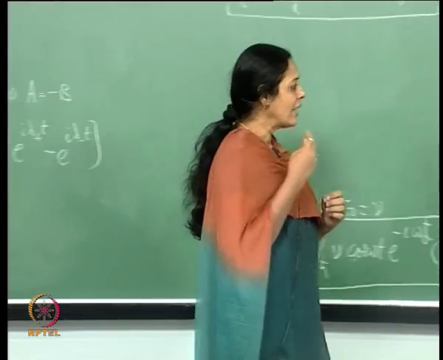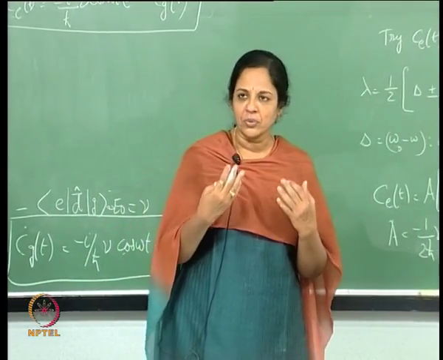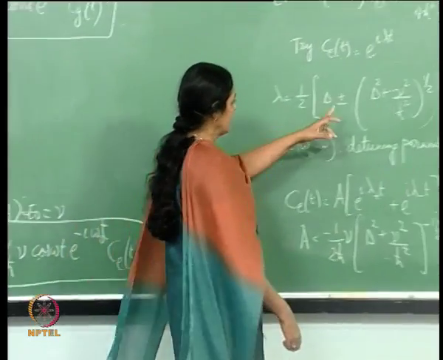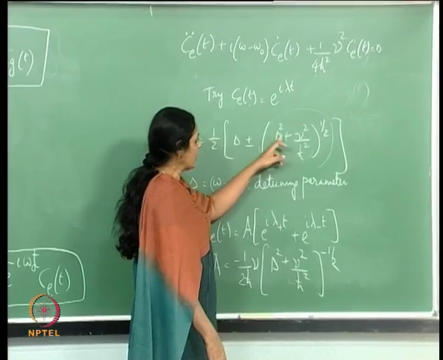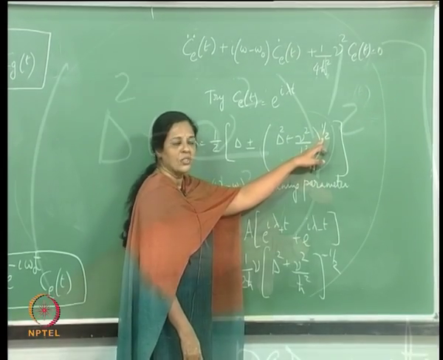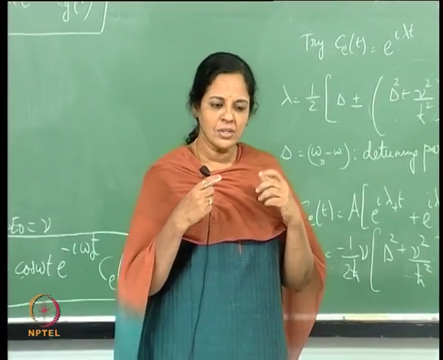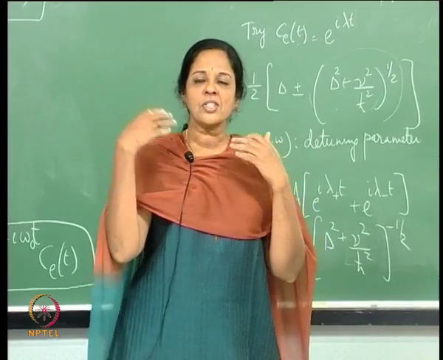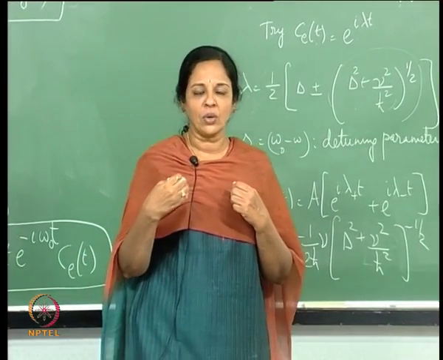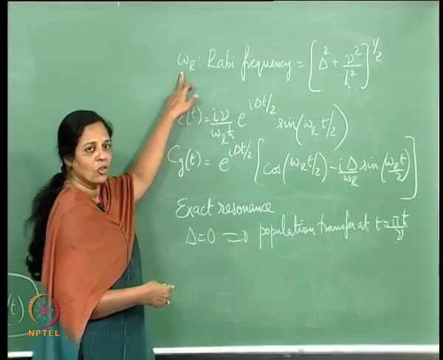First of all, I identify something called a Rabi frequency. The Rabi frequency itself comes from here. It is delta squared plus nu squared by h cross squared to the power of half. So, in terms of the Rabi frequency, I can ask what is the probability of the system being in the excited state, what is the probability for the system being in the ground state, and so on. I identify the Rabi frequency omega sub r.